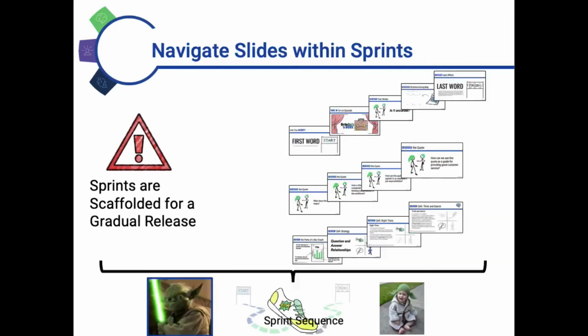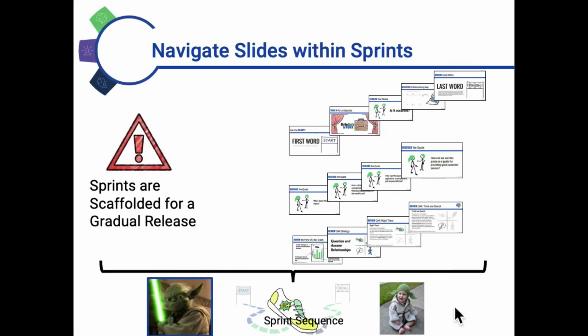And then look at those sprints. As you navigate those individual sprints, you will want to choose your experience through the slides. Perhaps if you're a master teacher and you get to a discussion sequence, maybe you want to skip 3 or 4 or 5 of those discussion questions to land on the discussion question of your choice. That's great. That's why they're there. It's a scaffolded experience, so you as an educator can make really good decisions about how you use those scaffolded experiences.